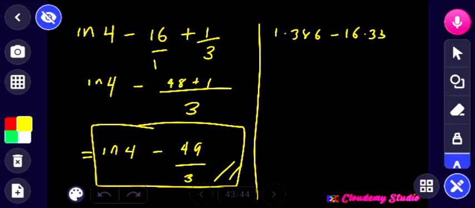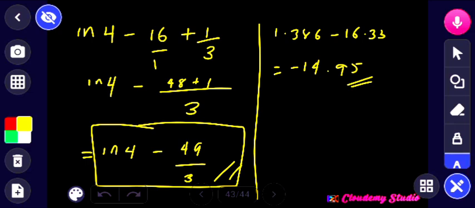If I subtract 16.33 from 1.386, I'm going to have minus 14.95. That will be my answer. But if you are not provided with a calculator, you can just stop at ln 4 minus 49 over 3.